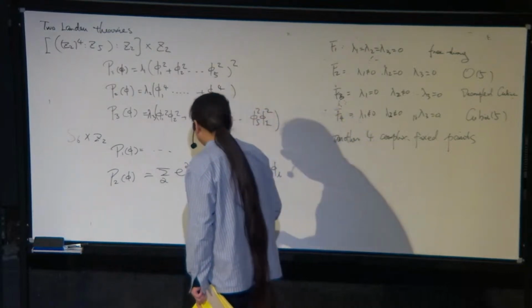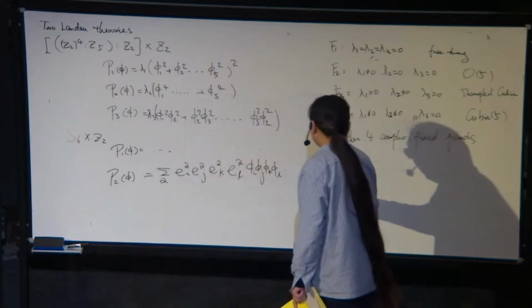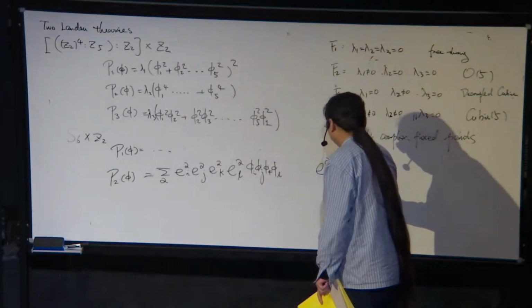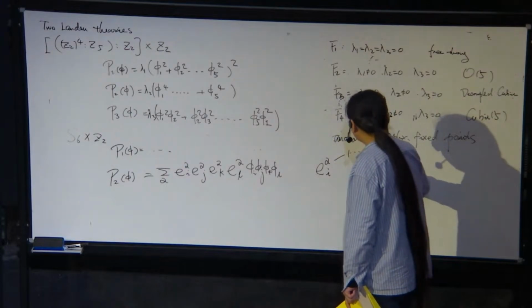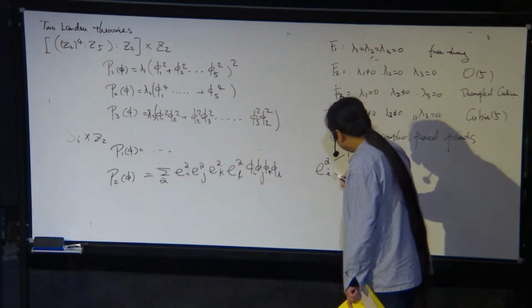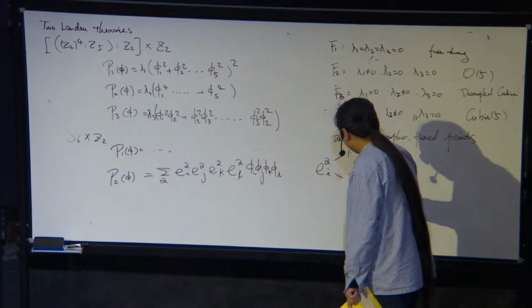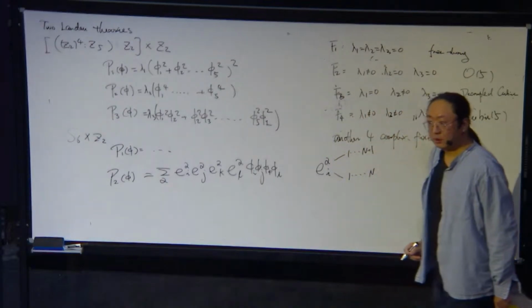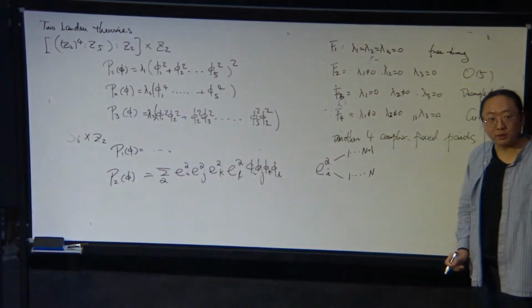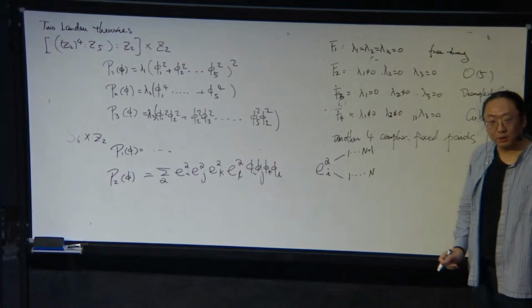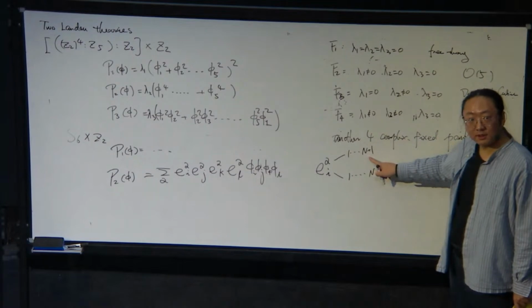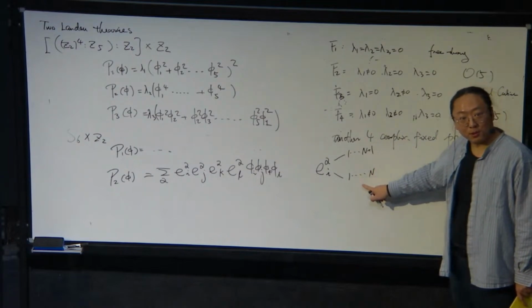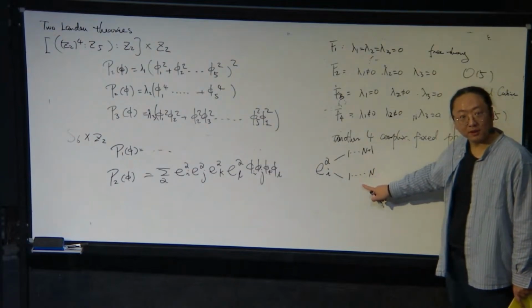Okay. And this e^alpha_i, alpha runs from 1 to n plus 1, and this index i runs from 1 to n. So it tells you how a hypertetrahedron with n plus 1 indices is embedded into n-dimensional Euclidean space.